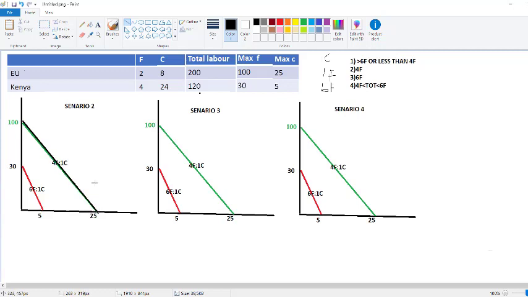In terms of Kenya, what is happening? Their original pricing is 6 food per one chemical. Remember, the line is both their PPF, the budget line, if you can see it in that terms, and the pricing line, coincide with each other. So let's leave the budget line here.